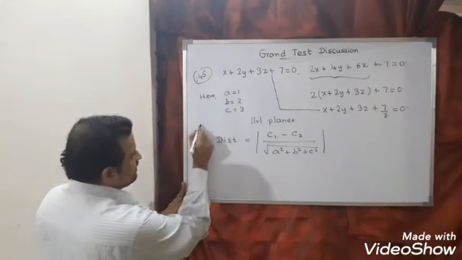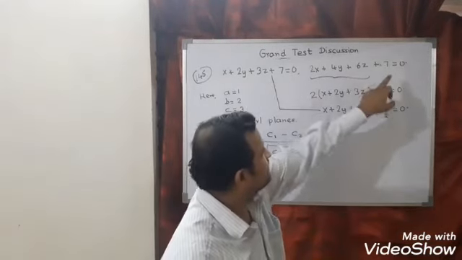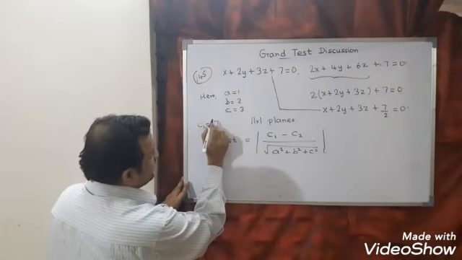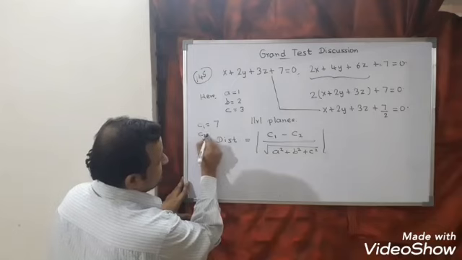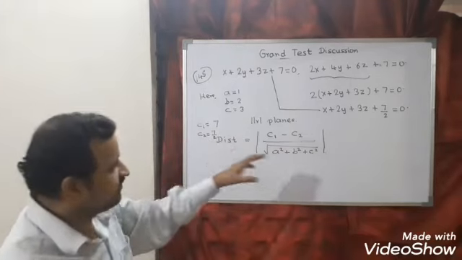Right, what is C1? Either you say this is C1 or you say this is C1, up to you. I am taking C1 as 7 and here C2 as 7 by 2. Apply all this information here.